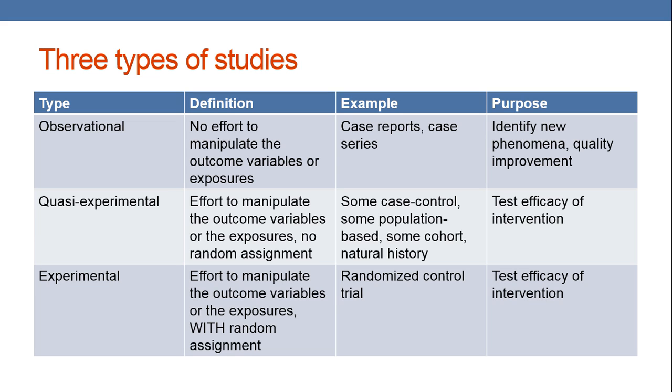I want to talk about 3 different kinds of studies, and go back to that notion of learning health system and how there's 3 different types of inquiry going on all the time in a learning health system. In our learning health system, we use these 3 types of studies, and they're kind of parallel to the 3 different types of inquiry.